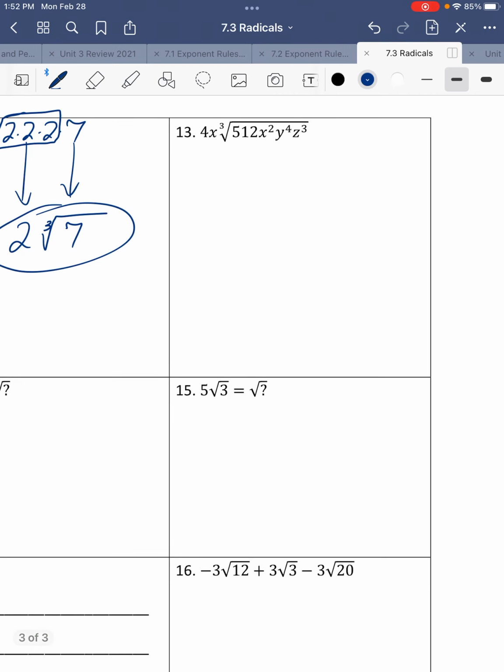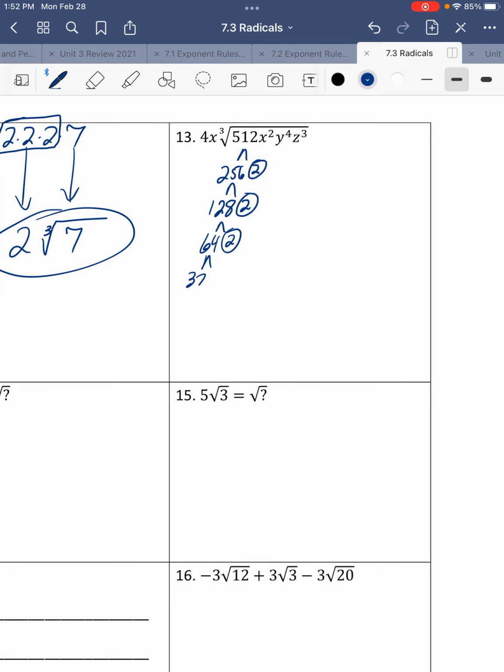All right, number 13. Oh my goodness. 512 is 256 and 2. That is 128 and 2. That's 64 and 2. 32 and 2. 16 and 2.